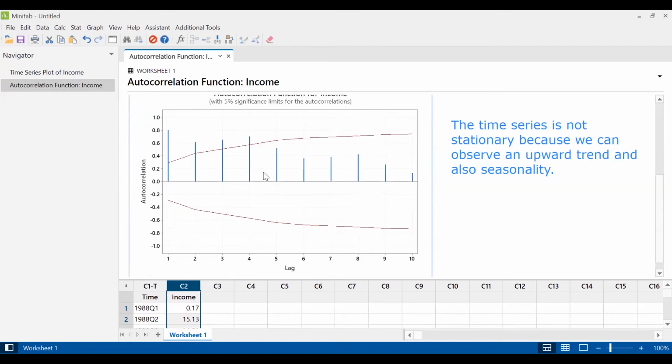Now moving down into the graph, several things I would observe. The first is that I do see the lags are significant for the first 4, and they are decreasing gradually, and therefore we can confirm there's trend.